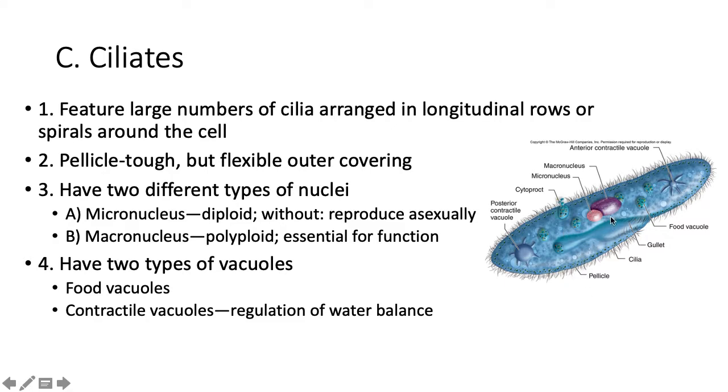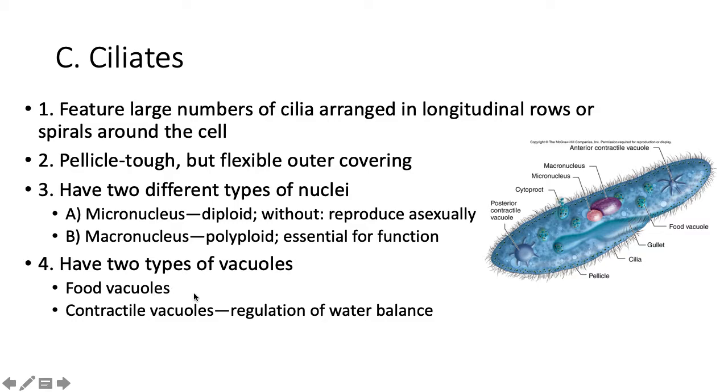These guys do have two types of nuclei. You can see that here in this purple and this pink color, the macronucleus and the micronucleus. The micronucleus is diploid, and it reproduces sexually. The macronucleus is polyploid, so it's many copies of the DNA, and it's essential to carry out functions for the organism. They also have two types of vacuoles.